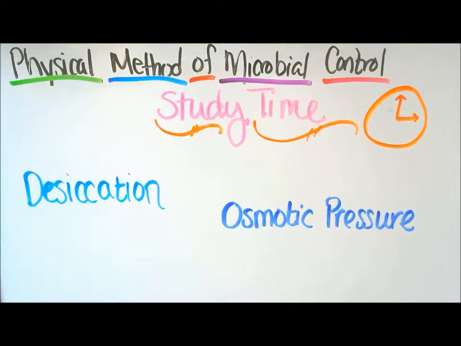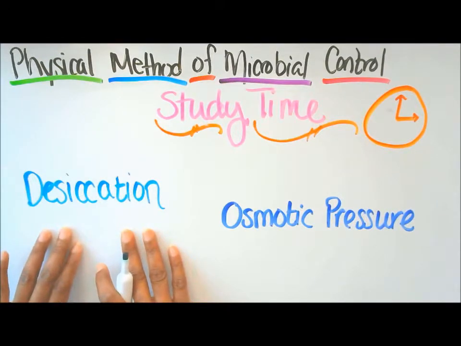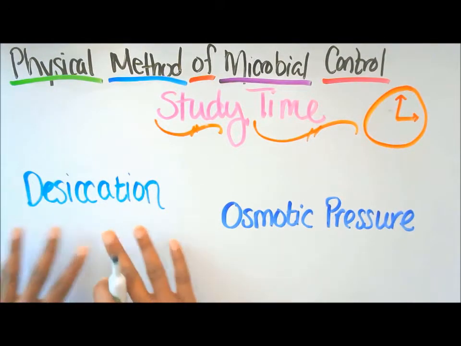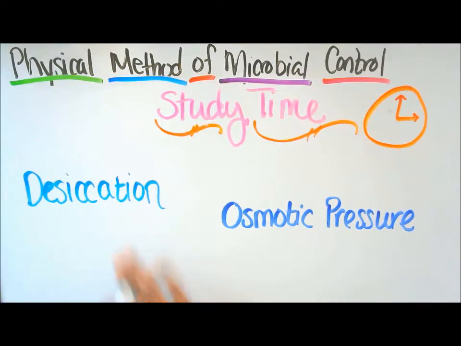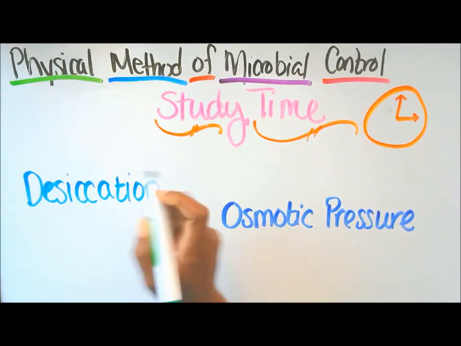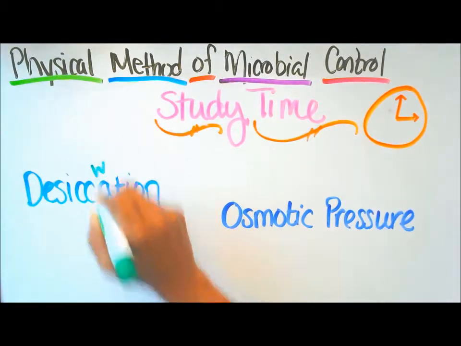All right, welcome to the study time portion of this video. We have desiccation and we have osmotic pressure. First off, with desiccation, there is no water in the environment. So when there's no water, there's no growth and no reproduction. So what we're going to do is use the N in desiccation for no. There's no water, so we're going to use the A and spell water.